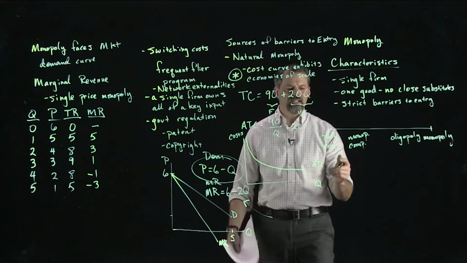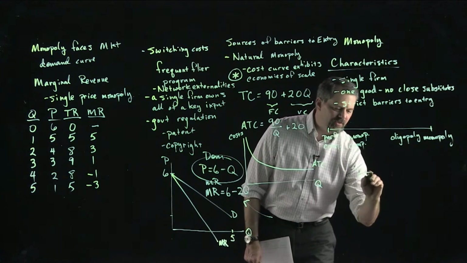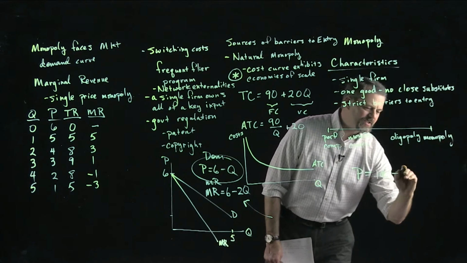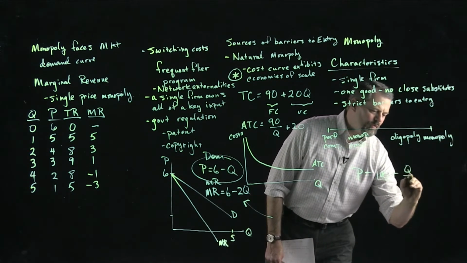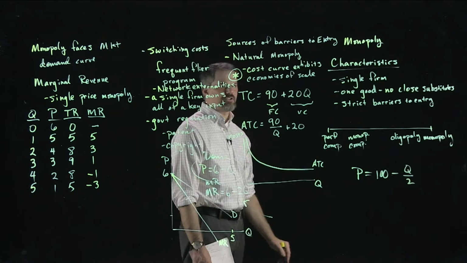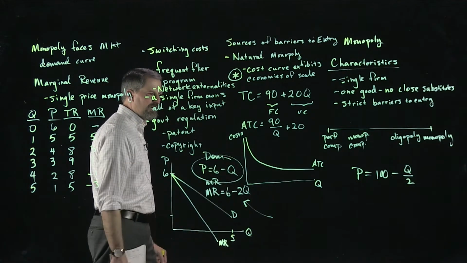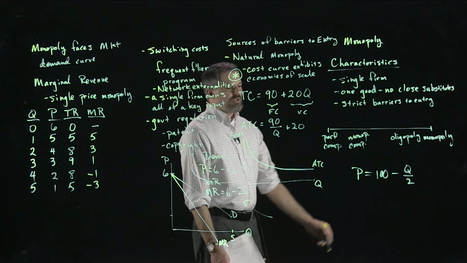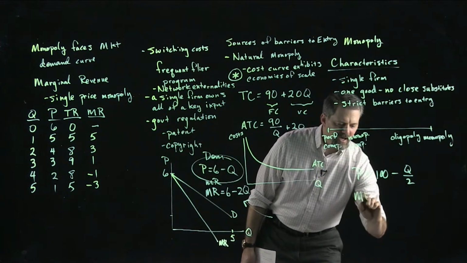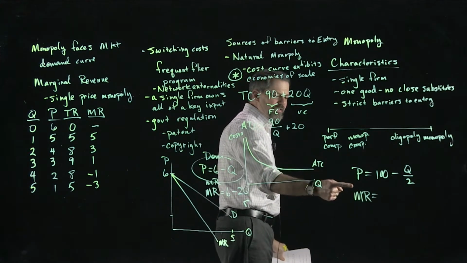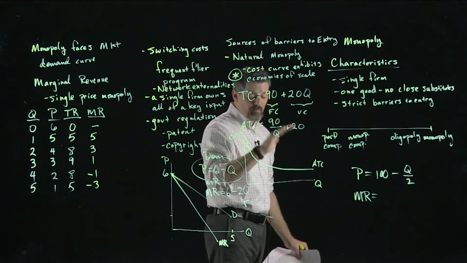Okay, so for any inverse demand curve that I give you, let's suppose I give you one that is 100 minus q over 2. There's an inverse demand curve, a little more complicated than this one, but not much. Your marginal revenue curve, and you might be confused at first as to why I'm writing price and why I'm writing marginal revenue. Don't be confused.